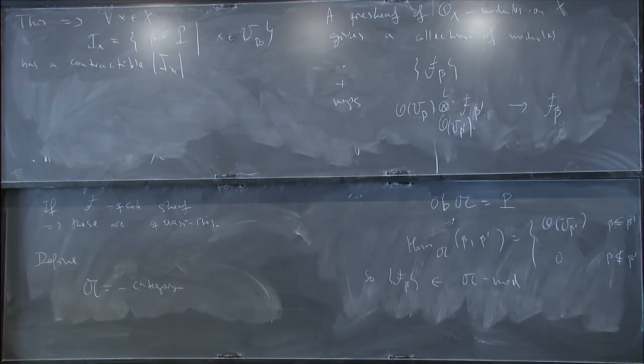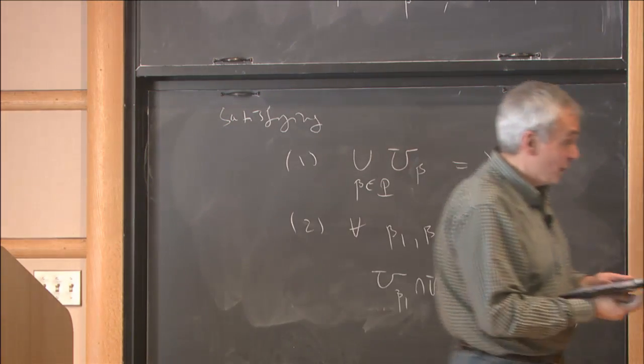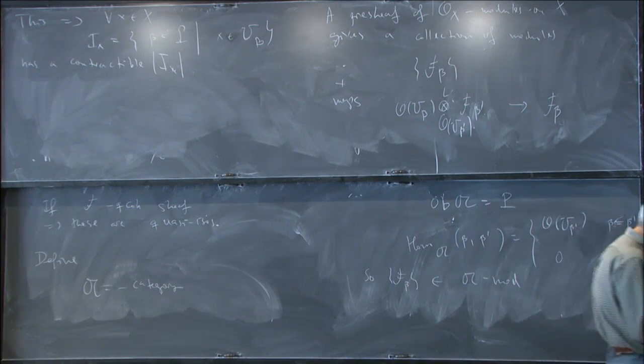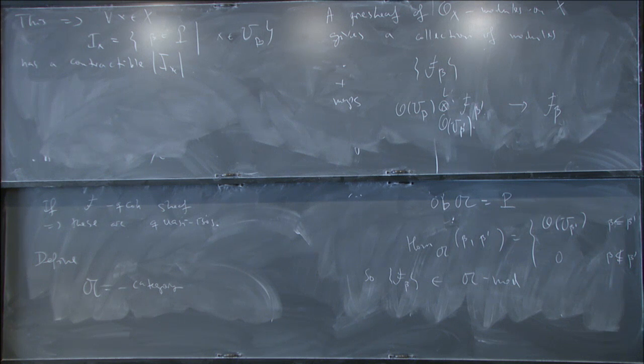P was the poset that labels the cover. This depends on the cover. So this is a combinatorial category, depends on X and the cover. And so you can define these combinatorial pre-sheaves and combinatorial quasi-coherent sheaves.